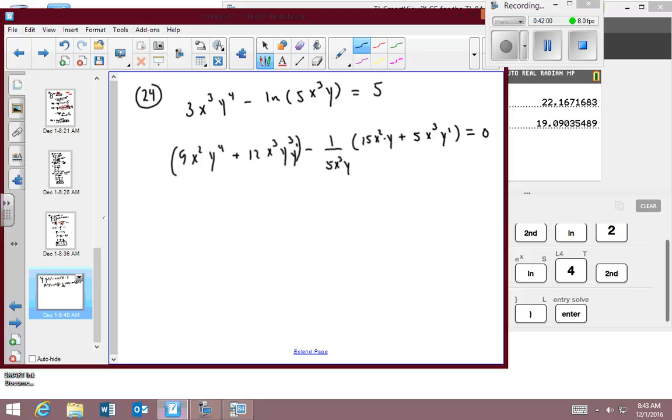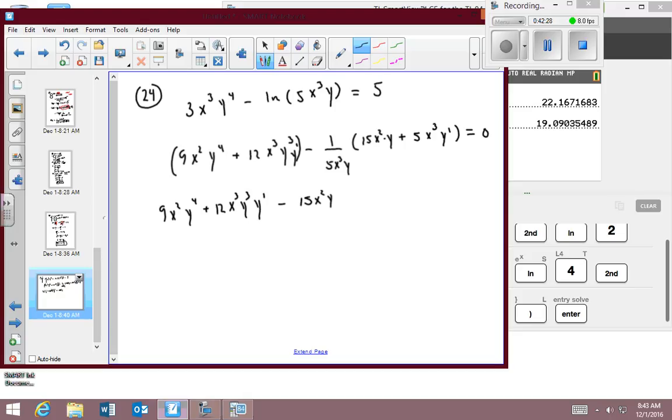So then, I don't need the brackets, but I'm going to rewrite this. 9x squared y to the 4th plus 12x cubed y cubed y prime minus, I'm going to run that denominator 5x cubed y through there.